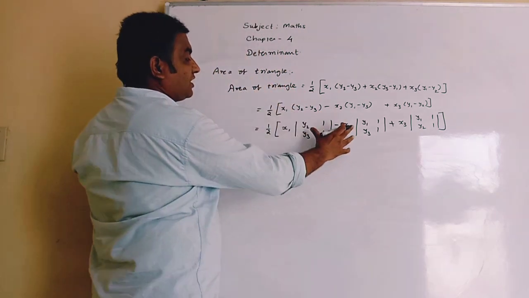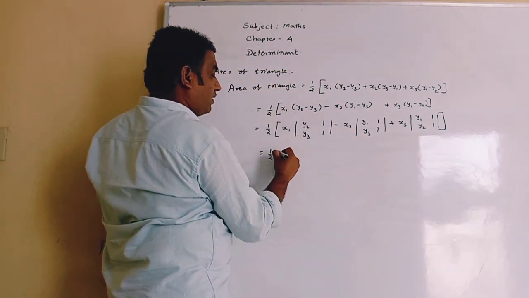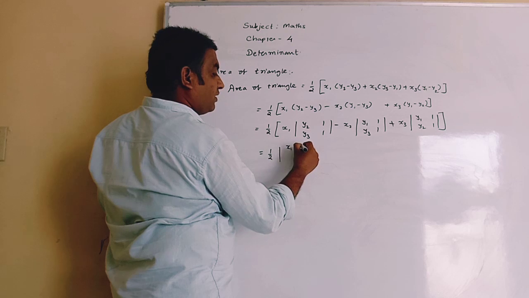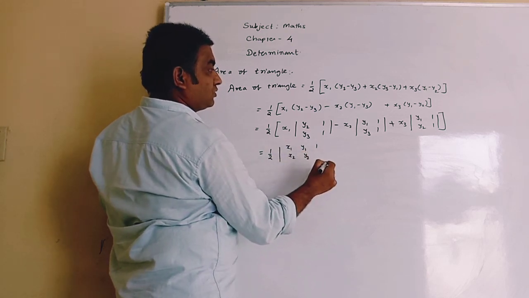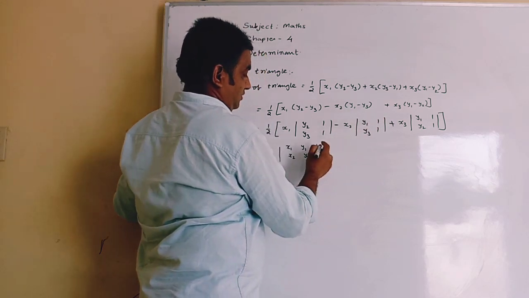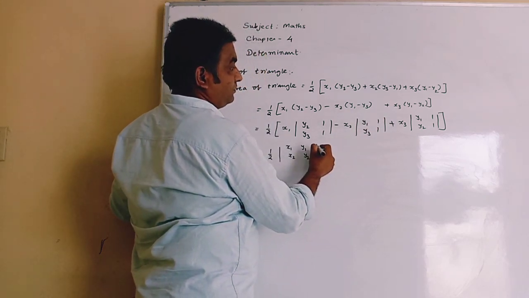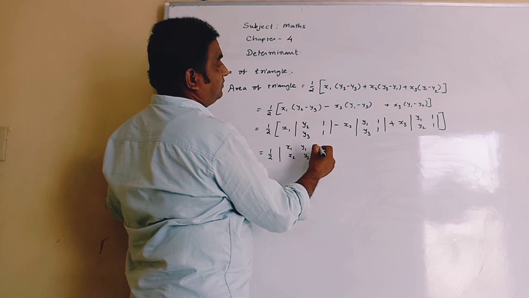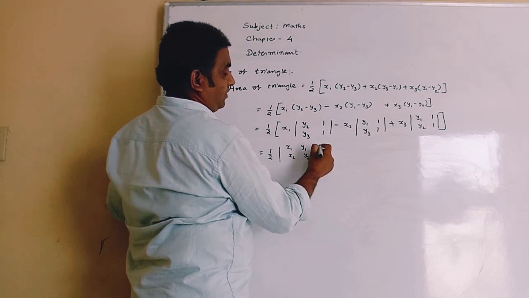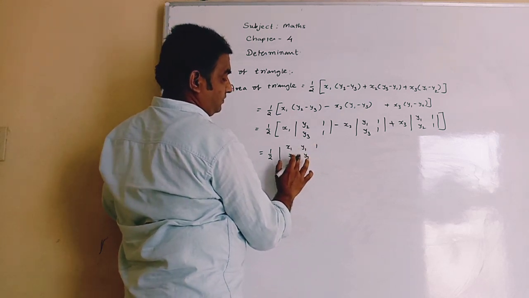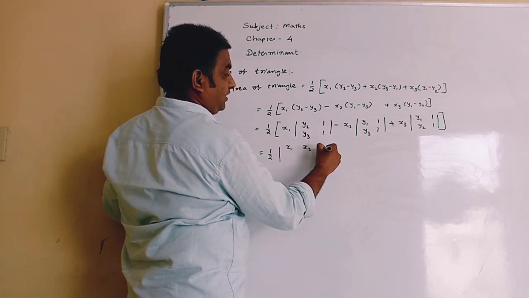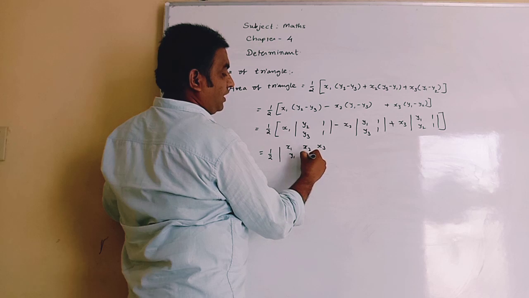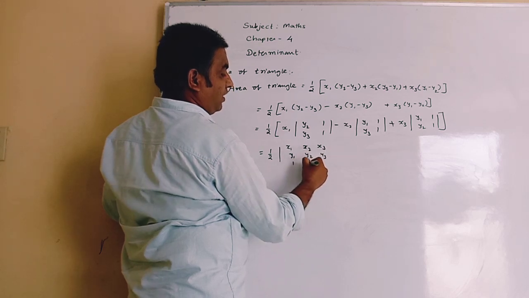And so this gives us the expansion of 1 by 2 determinant x1 y1 1, x2 y2 1, x3 y3 1, or in this way with rows x1 x2 x3, y1 y2 y3 and 1 1 1.